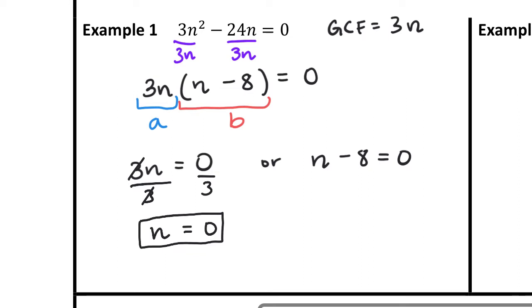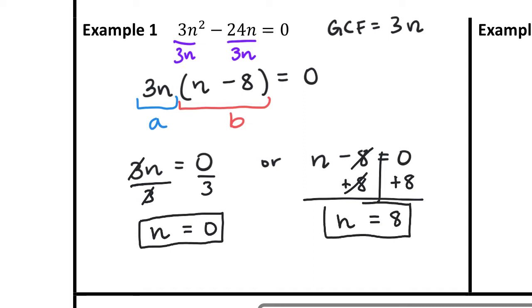Then on the right side, the opposite of subtracting 8 is adding 8. So if I add on both sides, I get n equals 8. So these two answers, 0 and 8, are my roots.